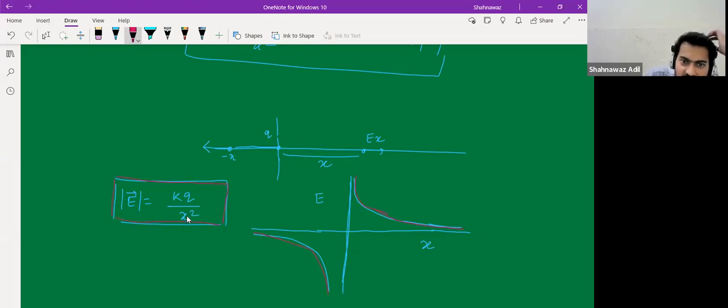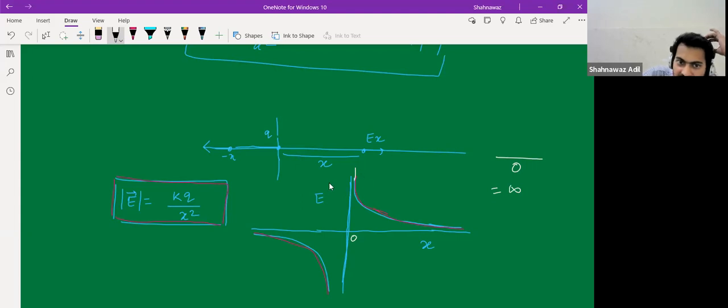Let's say if I choose some value of x. If I am calculating this electric field at zero, something by zero is undefined, right? So this graph shows that at zero this goes to infinity.